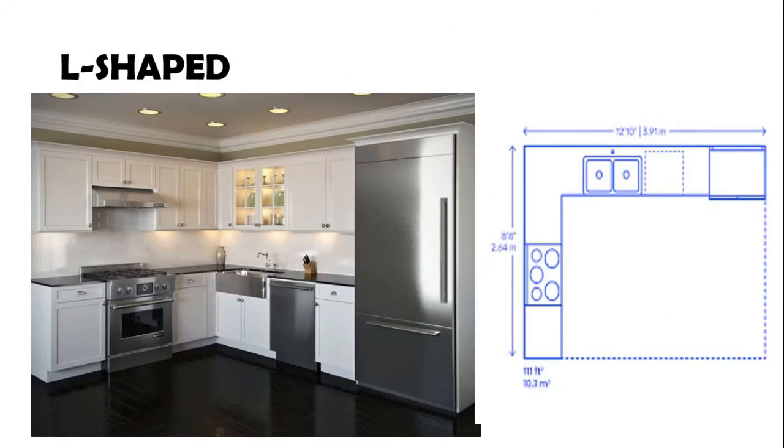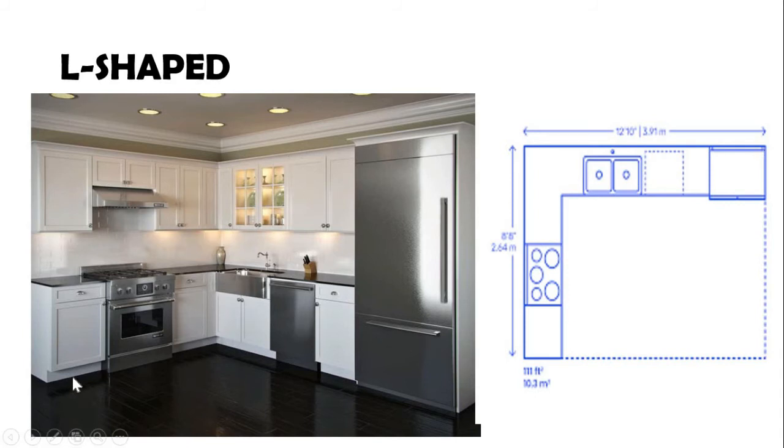Next, L-shaped kitchen. This is the most ideal type of kitchen. This is made of two adjacent perpendicular walls. This layout promotes efficiency because the work triangle is adapted. Traffic flows through the work areas without obstructing them. This layout can easily be converted into a U-shaped kitchen by adding equipment or a working table.